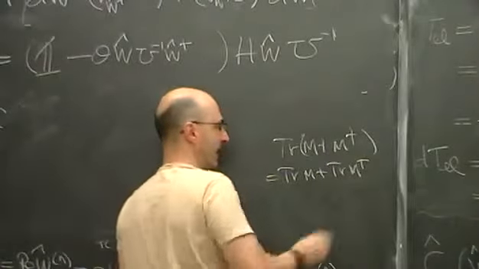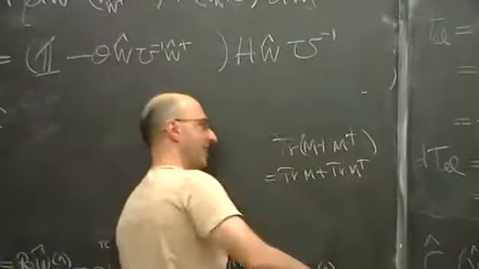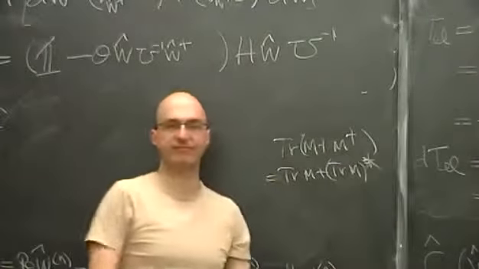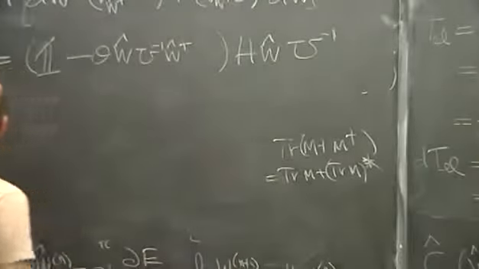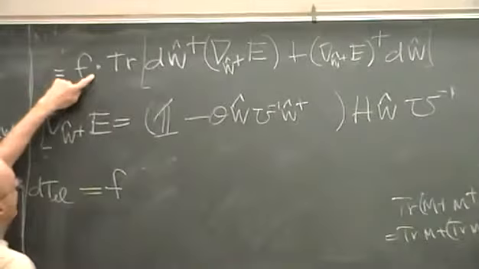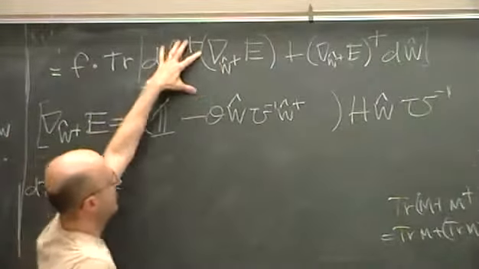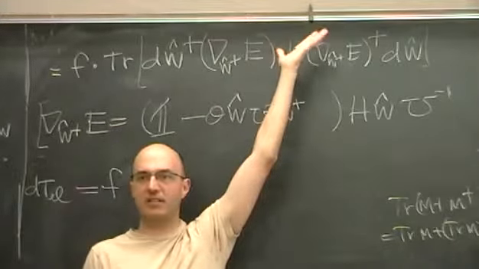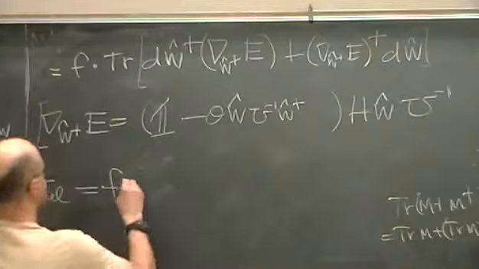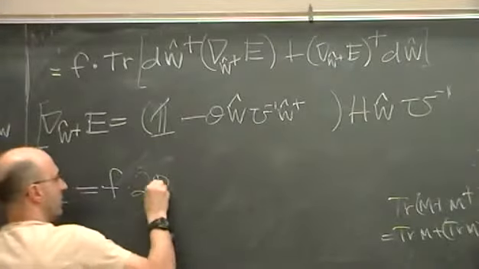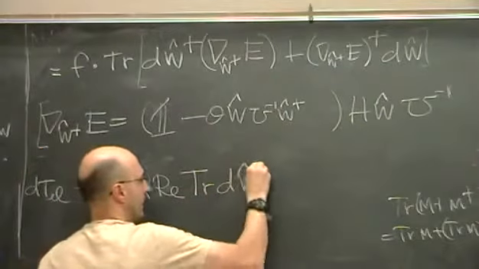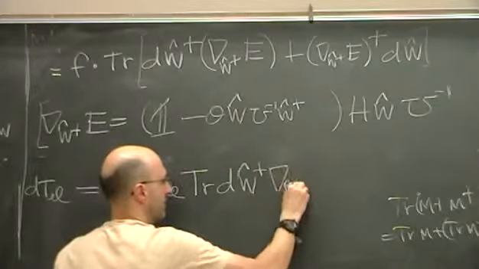The trace of matrix dagger, you're just summing the dagger along down the diagonal, is just the complex conjugate of the trace. So what I have then is this trace plus its Hermitian conjugate, which gives me twice the real part of that trace. So I get F times twice the real part of the trace of dW dagger, grad W dagger.